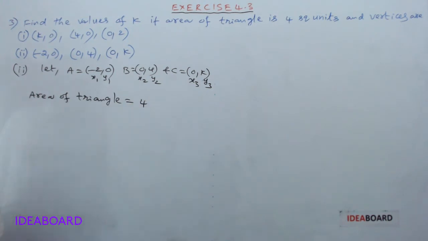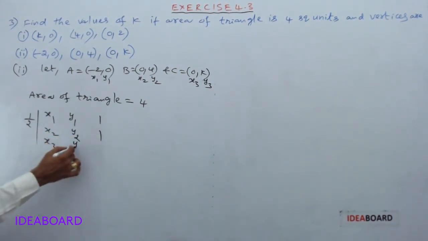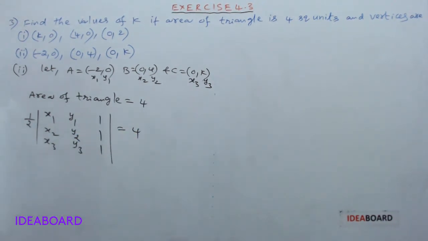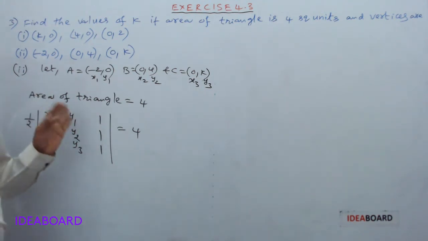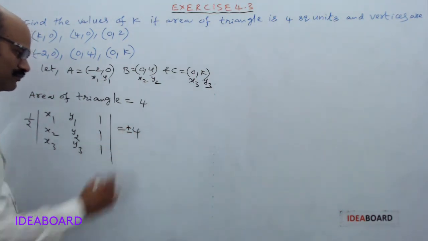So the formula for the area of a triangle is half into the determinant of x1 y1 1, x2 y2 1, x3 y3 1, equal to 4. Now, the absolute value of this, we have to take plus or minus 4.